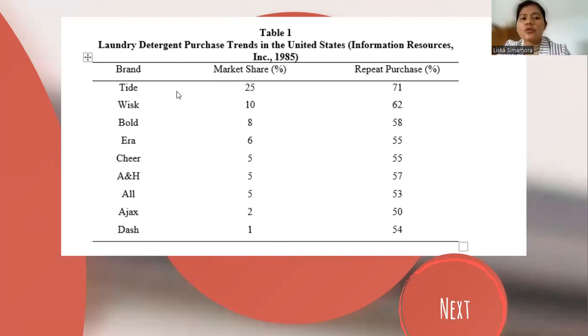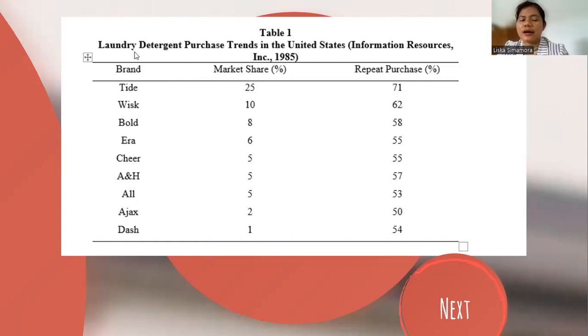They have so many brands here: 1, 2, 3, 4, 5, 6, 7, 8, 9. There are 9. We see the market share for each brand, and we see the repeat purchase for each brand. The highest market share will get the highest percentage for repeat purchase.